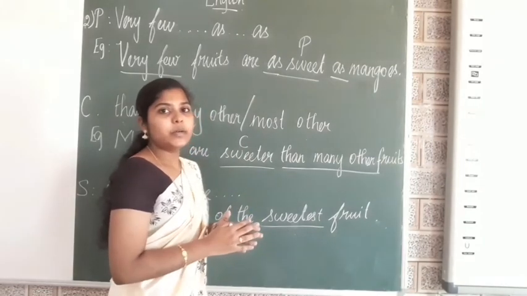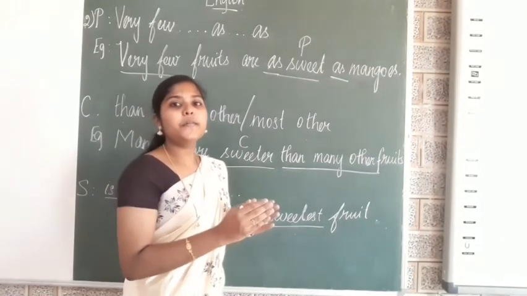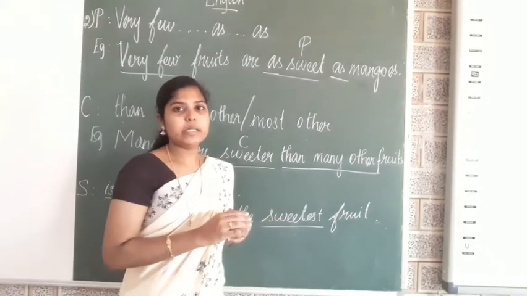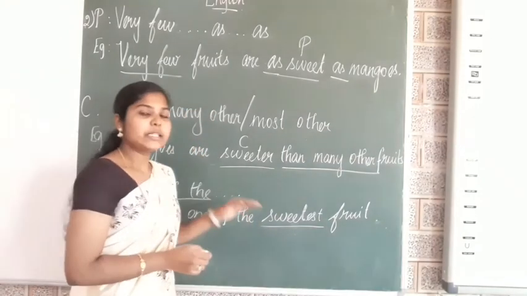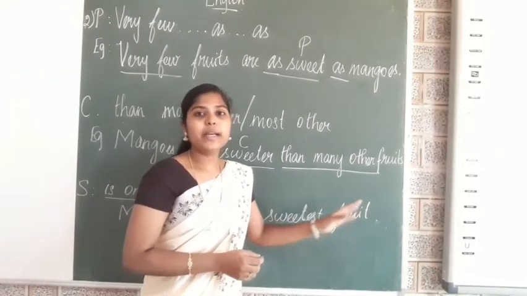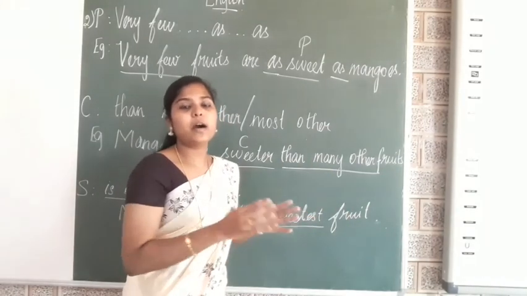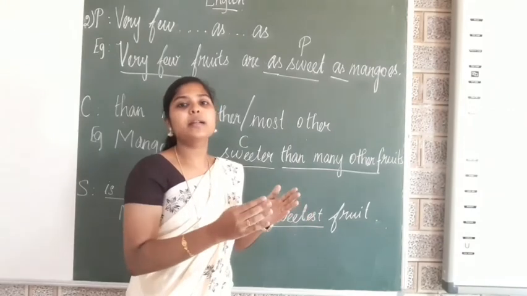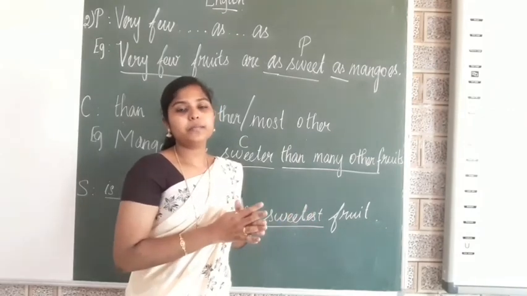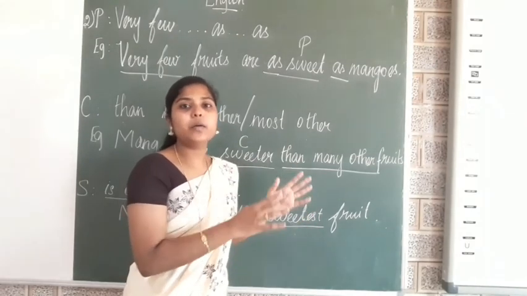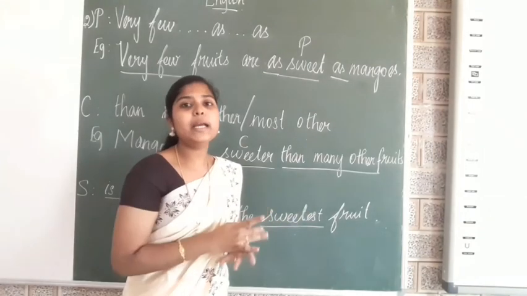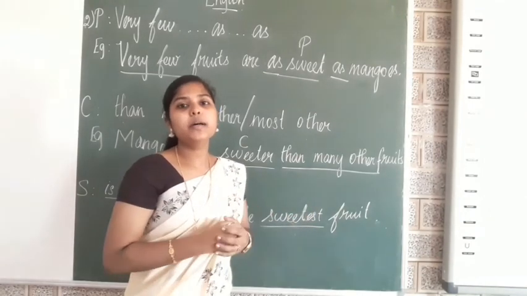Can you understand, students? It is also one of the sweetest fruit, which means is one of them. This particular noun is one such thing, one such idea or one such quality we are comparing. Not only mangoes are sweet, there are so many other fruits also.